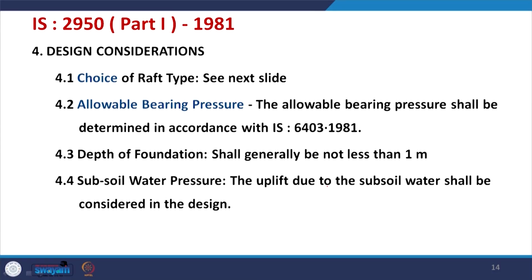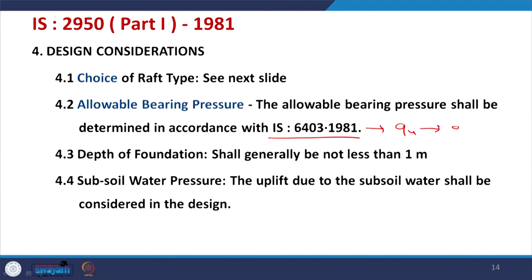Then you have the allowable bearing pressure. It shall be determined in accordance with IS 6403 1981, and if you recall, we have already discussed this code in shallow foundation. The soil pressure comes from two criteria. The first is the bearing capacity criteria, where you apply a factor of safety of 2.5 or 3.